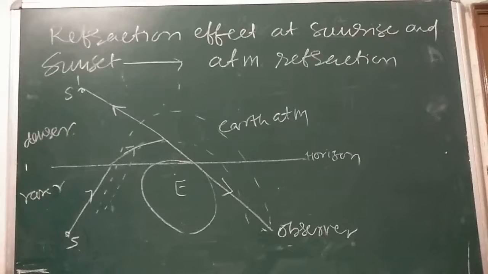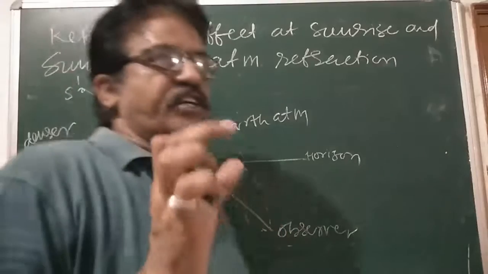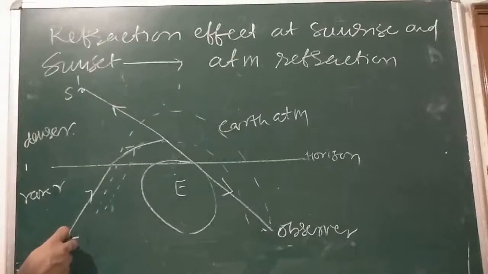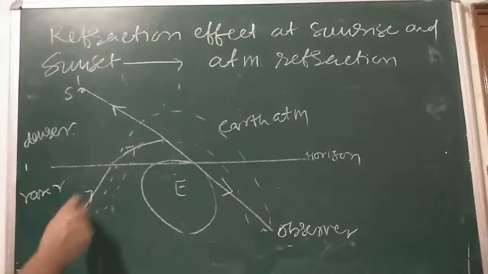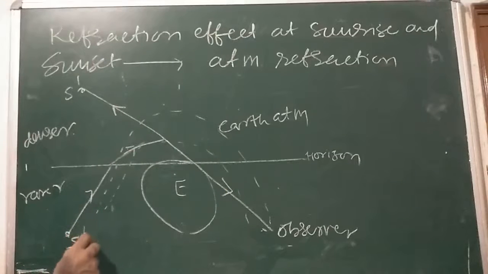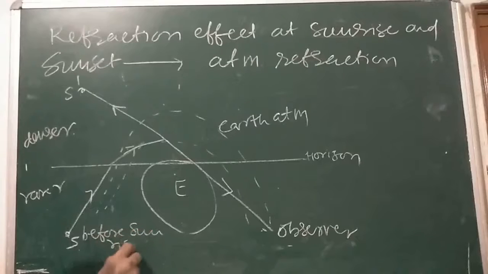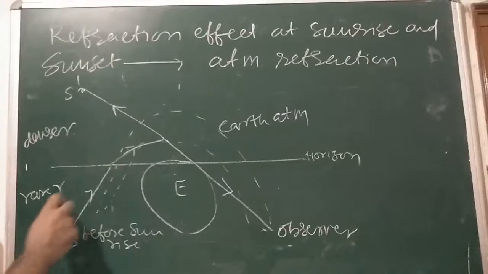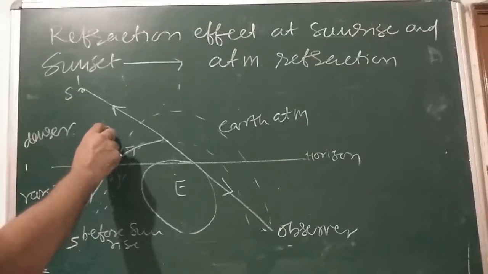Just see the figure again and understand things clearly. S is the position of the sun just below the origin, before sunrise. The rays from the sun enter the earth's atmosphere and travel from the rarer to the denser medium.